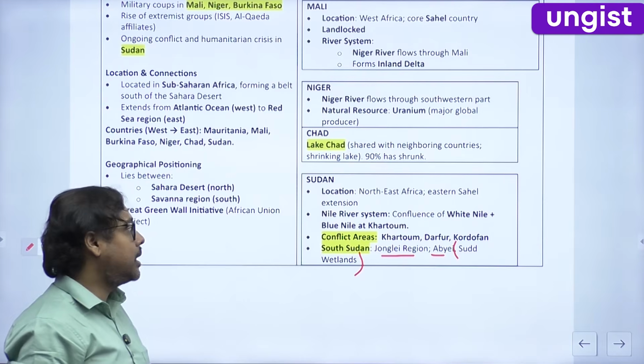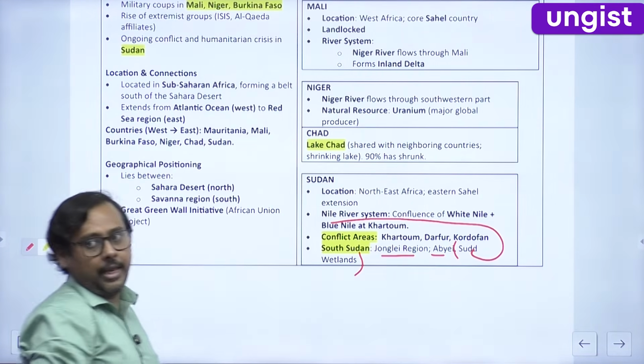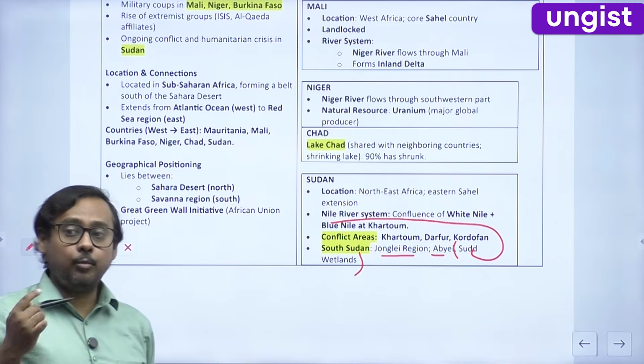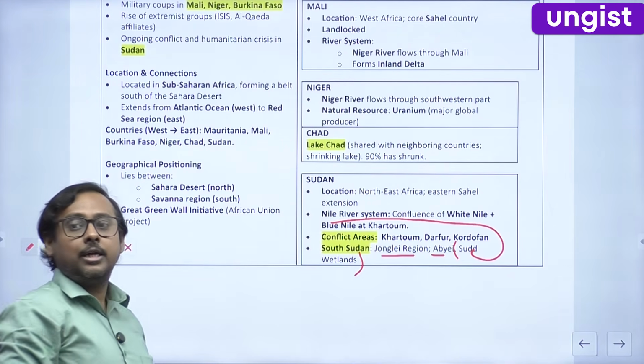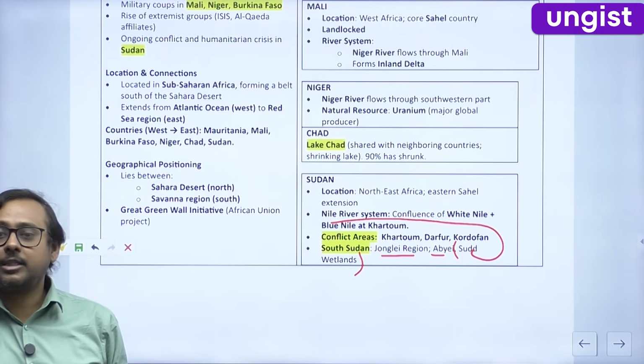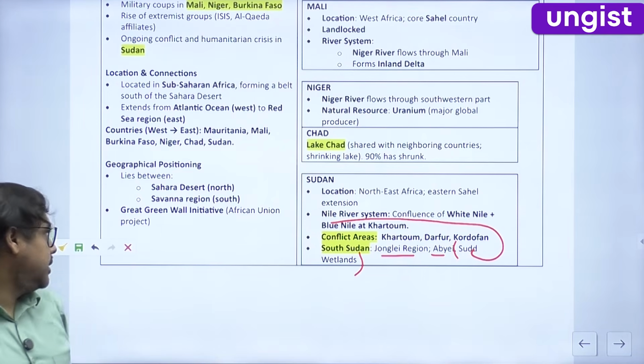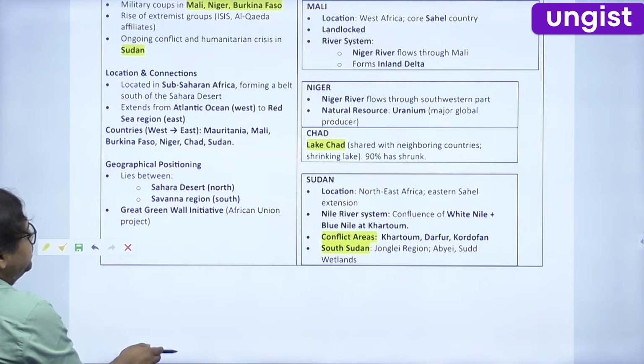How are they formed? The Sudd wetlands are formed by which river? The Nile. And what is important about the Sudd wetlands? It's one of the largest wetlands in Africa, right? Any question till here?